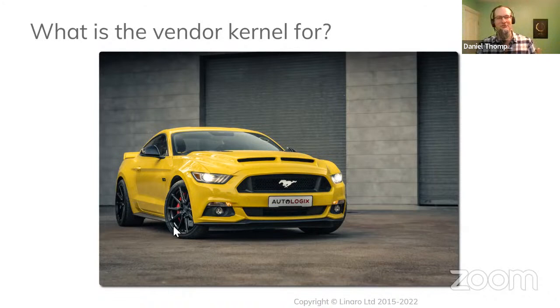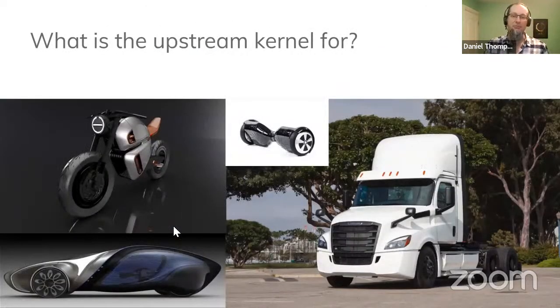I couldn't continue to compare vendor kernels to 1975 American cars, so I have dropped in a picture of this rather wonderful modern muscle car. And I think many SoC vendor companies do kind of view this as what they're building. Some of them are aware they're building less powerful systems for different purposes, but that's often what people think they might be building.